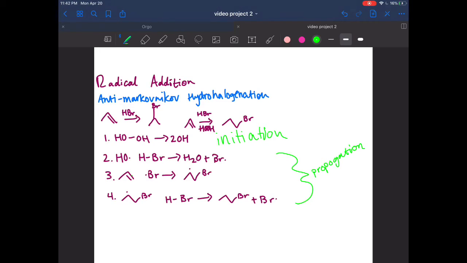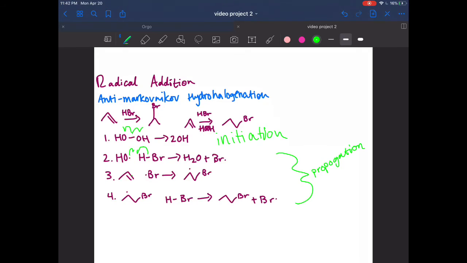In step 1, the bond between the two oxygens breaks, and it's shared evenly. And then in step 2, the single atom here will meet as this bond breaks, and it'll form H2O.